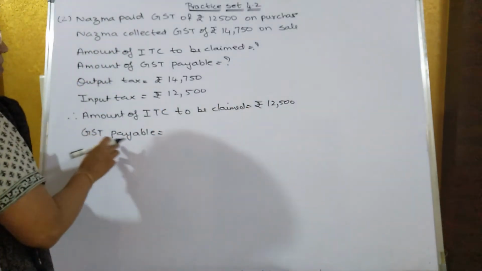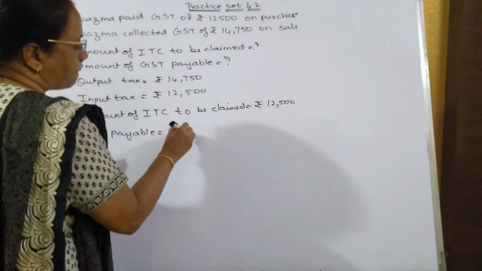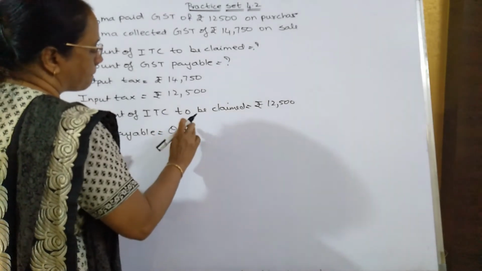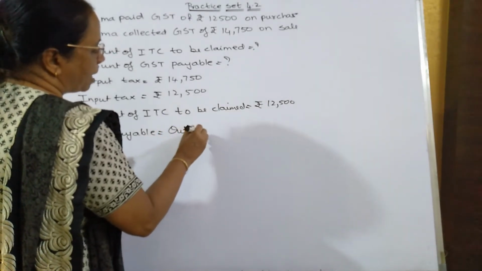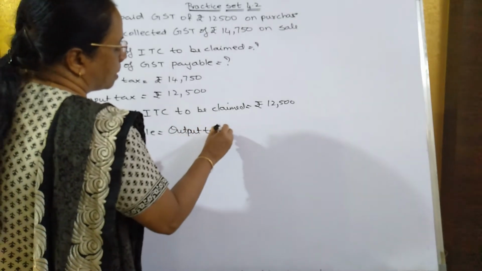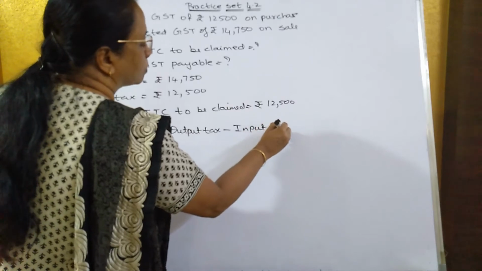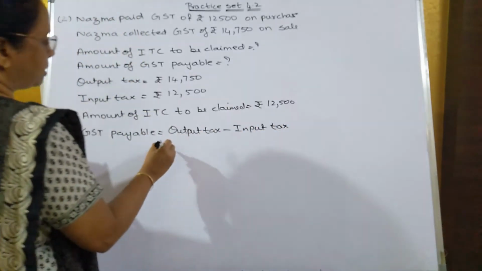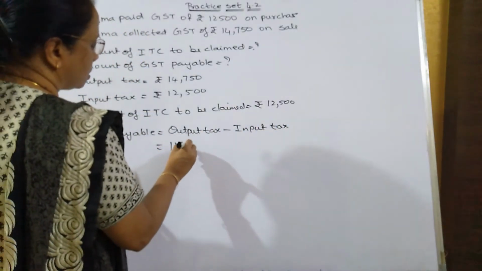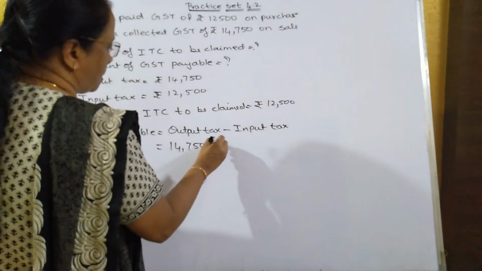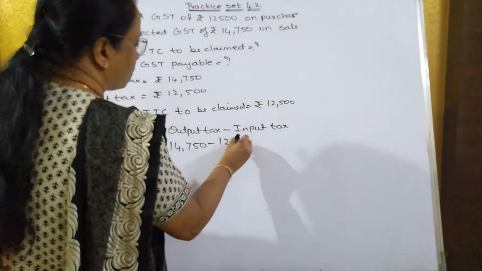Now GST payable is what? Output tax minus input tax. That's equal to 14,750 minus 12,500.